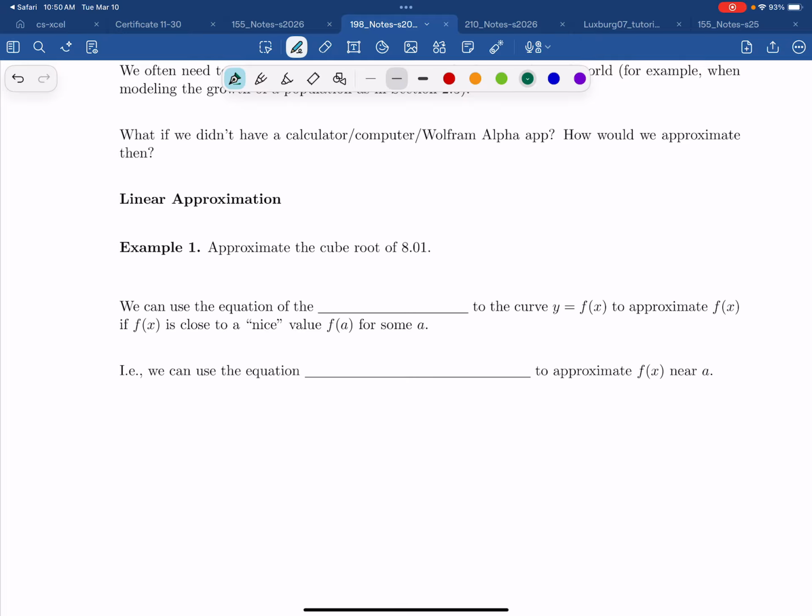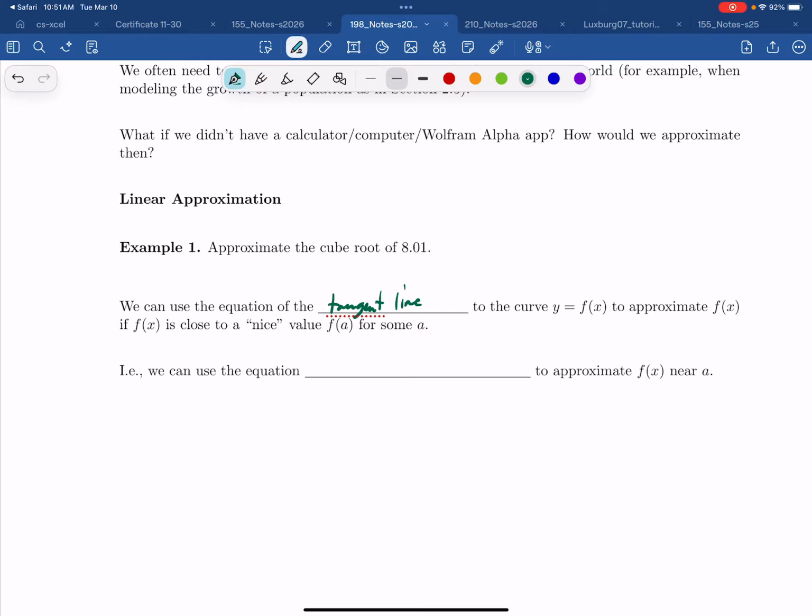So the idea is that we can use the equation of the tangent line to a curve, and if the tangent line is tangent to the curve at a so-called nice point, then we can use a point on that line to approximate a point on the curve, with the hope that they're relatively close to each other.